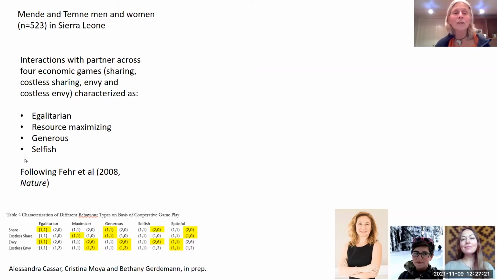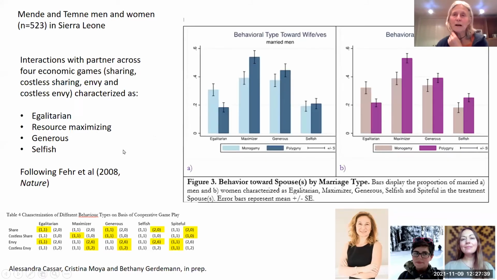Using the rubric that Fair et al. developed in their Nature paper in 2008, they were able to classify these interactions as either egalitarian, resource maximizing, generous, or selfish.